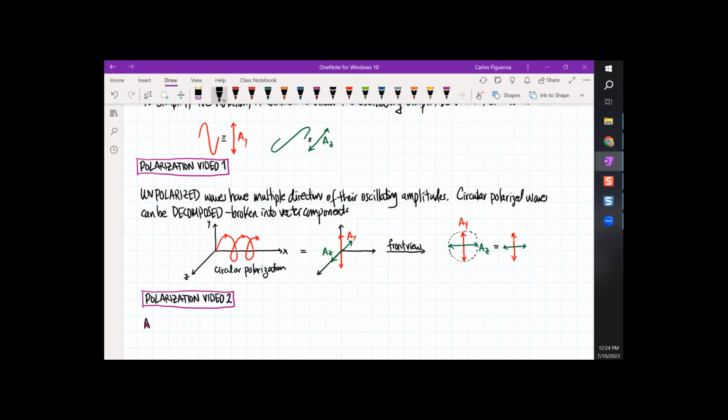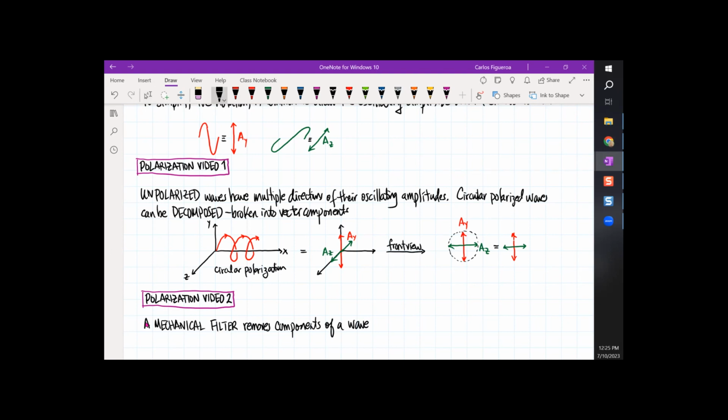A mechanical filter removes components of a wave.